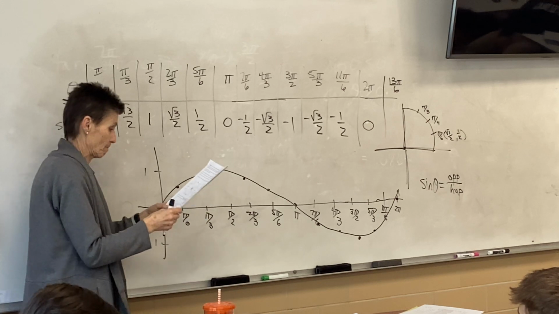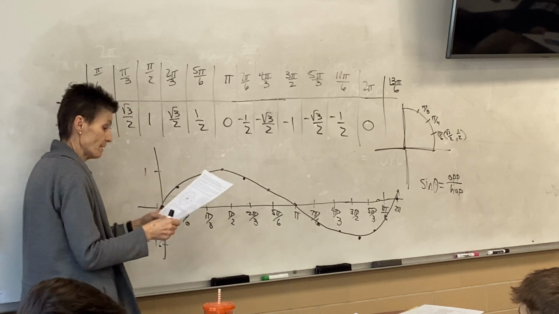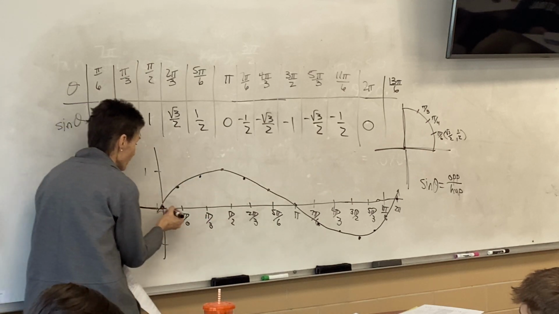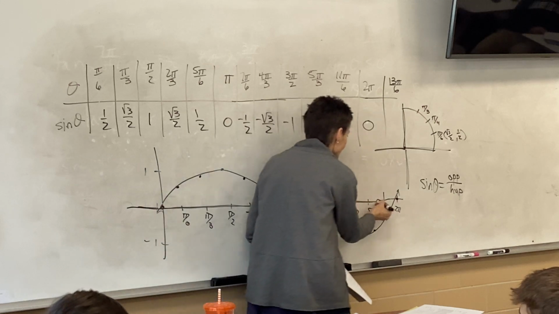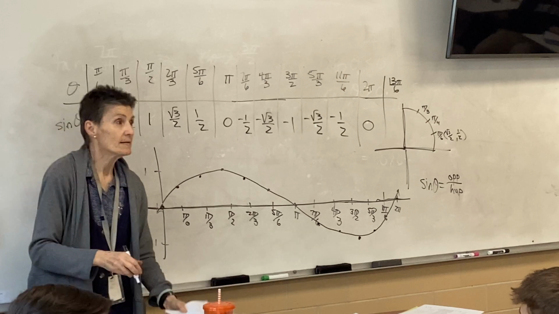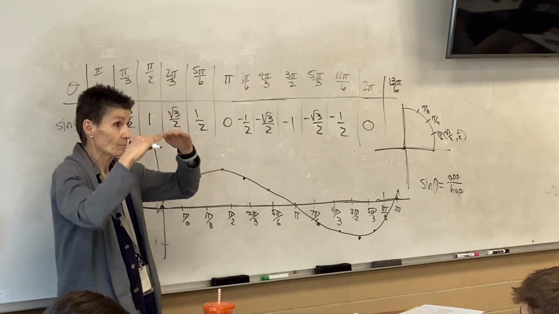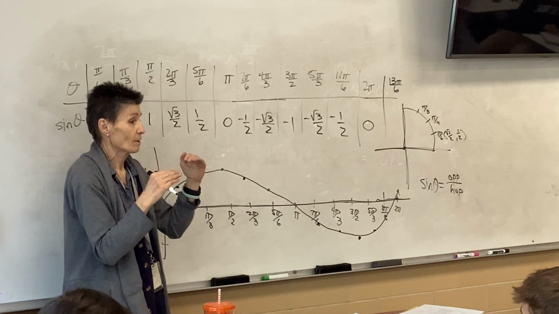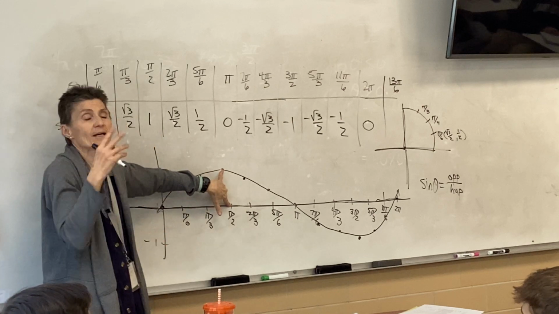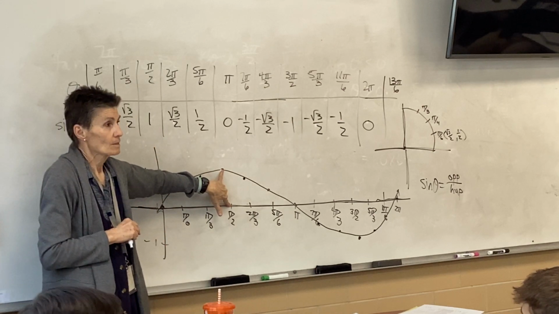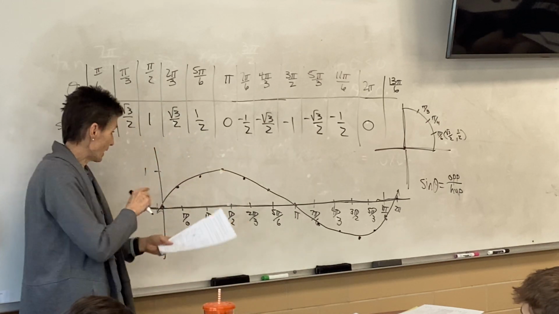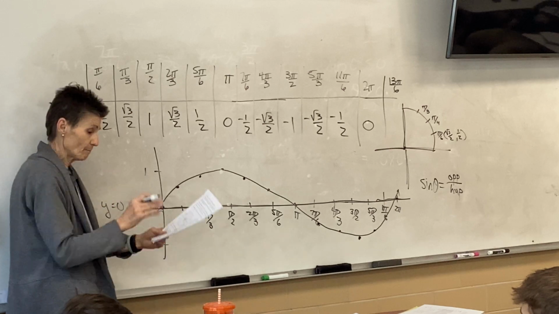Properties of the graph. Amplitude is 1. Amplitude is the distance from the midline. Now with this curve, your midline is the x-axis. That's the middle of the graph. Now you know we can pick these things up, and so that midline can change. The amplitude is the distance, I think of it as the height of the hill. So the amplitude is 1. Midline is y equals 0 for this one.